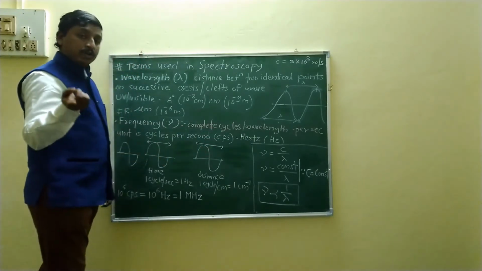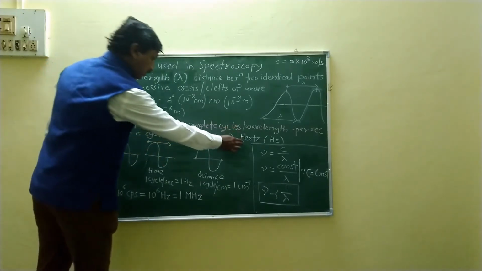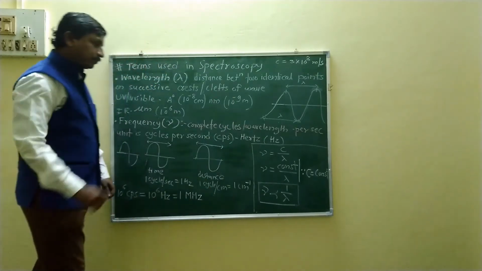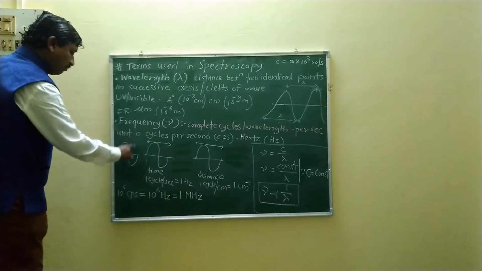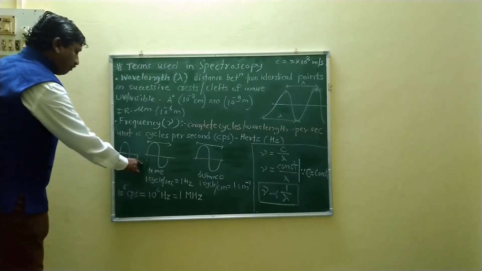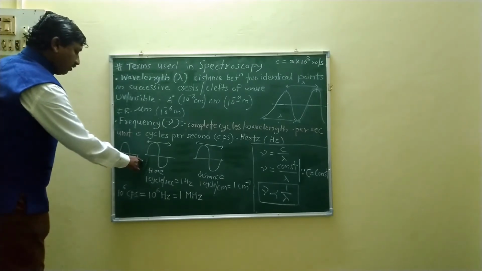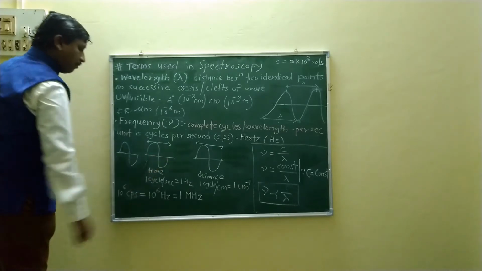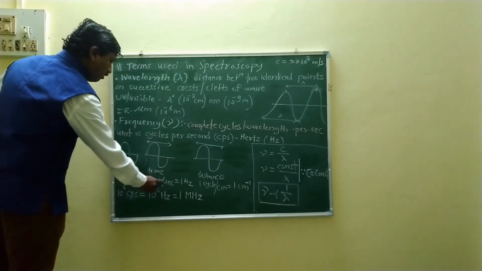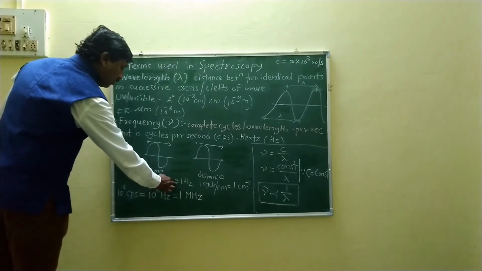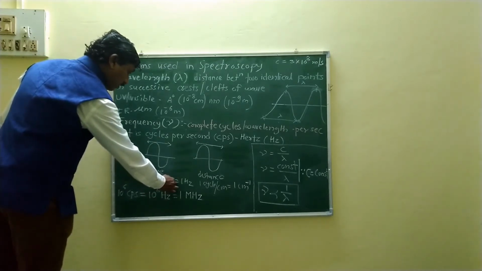It is also called hertz, Hz. Suppose this is a complete cycle. When it is completed in a specific time, it is referred to as 1 cycle per second, which is called 1 hertz.